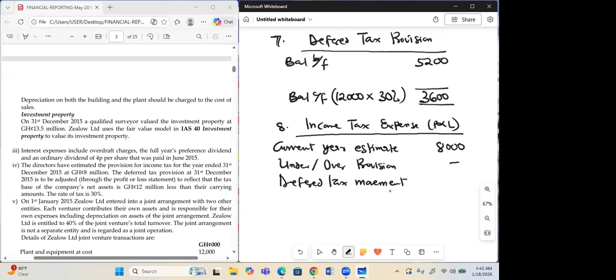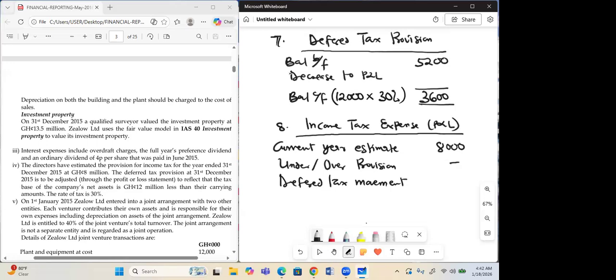A reduction in provision is what? An income, right? So let me not even call it income so that you don't become confused. I'll say it's a reduction. Let me just write reduction for the sake of those who are first timers. So this is a decrease in deferred tax, and the decrease will be charged to P&L.